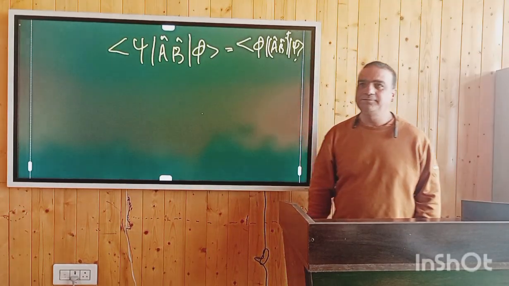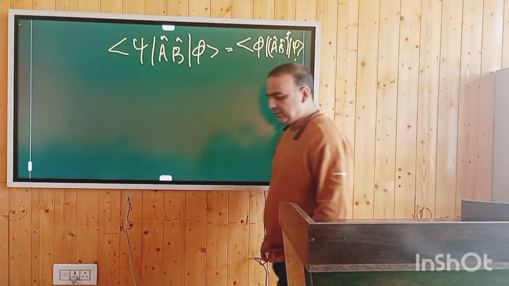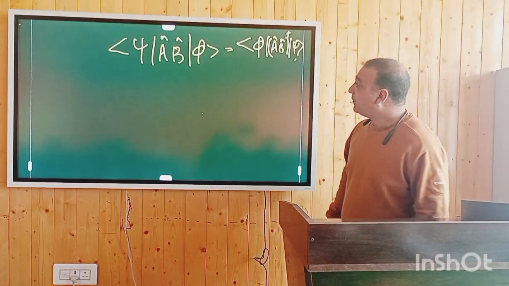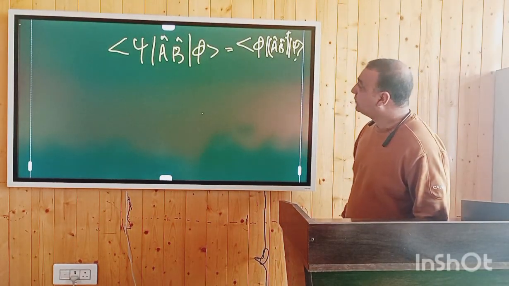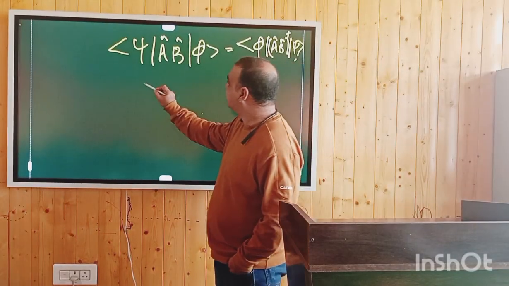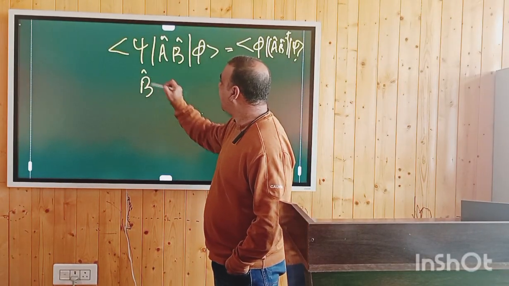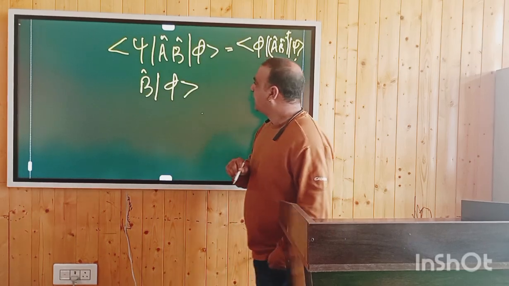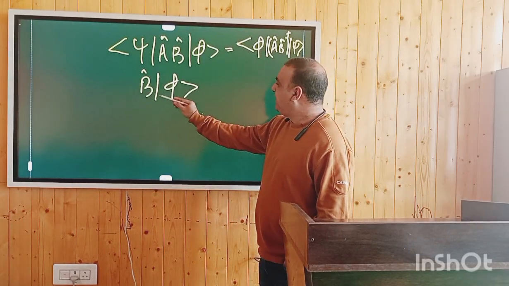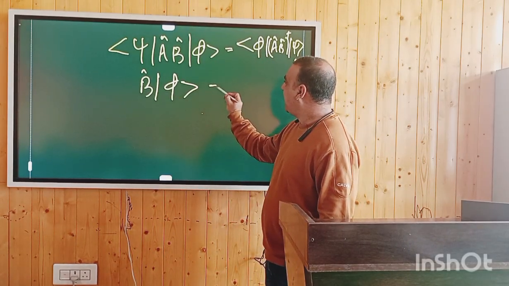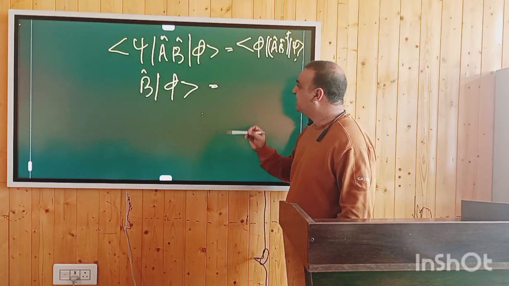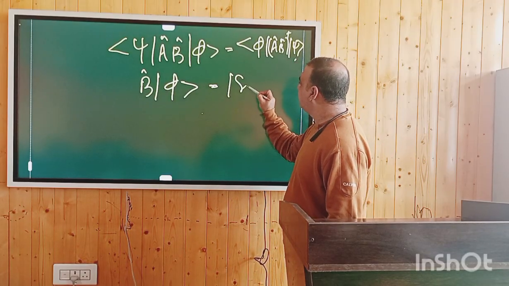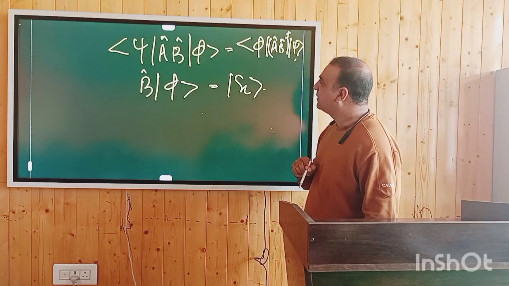Is this clear? Okay, so how can we proceed from here? Now, if I define this B cap ket of phi, I will define another state in the same Hilbert space as the ket of zeta.